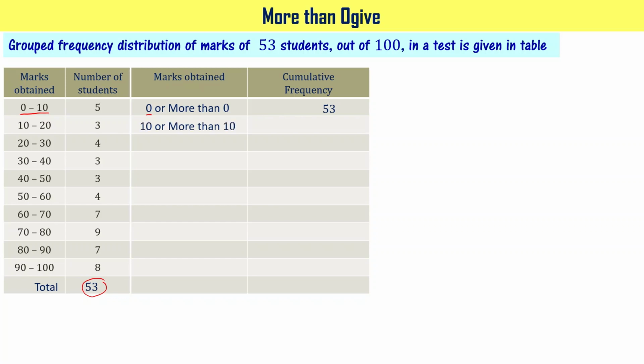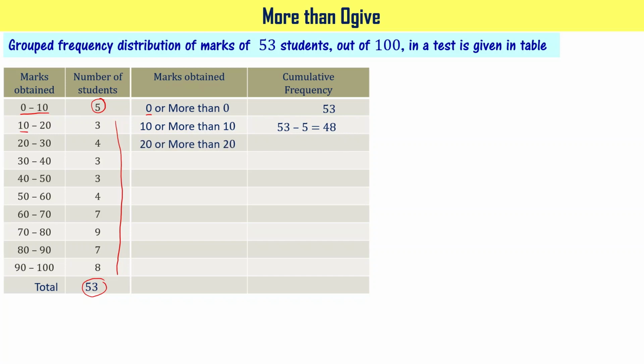The next one is 10 or more than 10. 10 or more than 10 means you would be having all this data except this particular number 5, right? It means the cumulative frequency is going to be 53 minus 5, that is equal to 48, right?